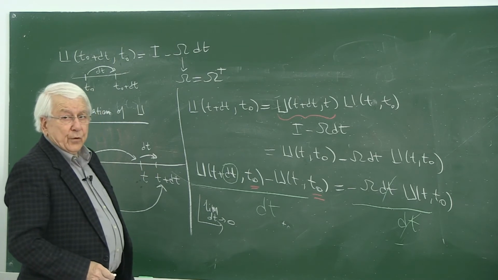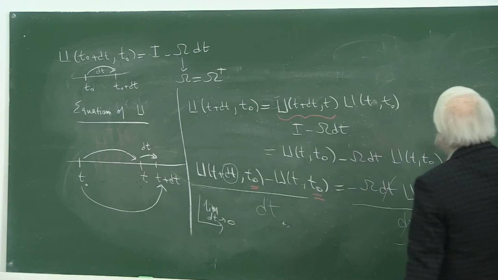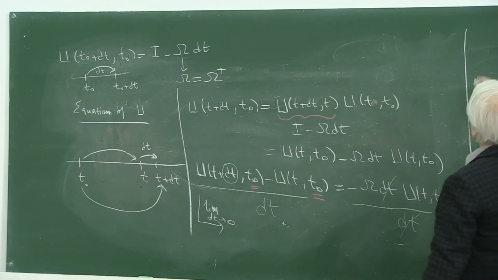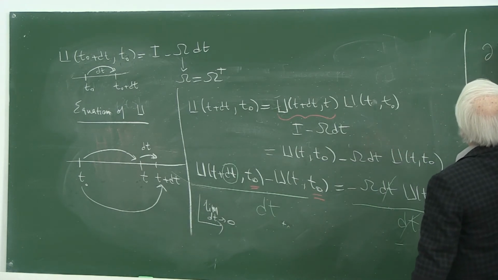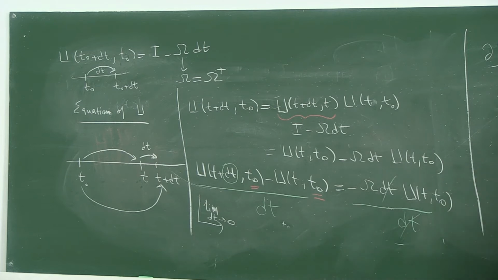With respect to the first entry. So I write, to make it visible, up here. The left-hand side then is dU(t, t0) divided by dt.